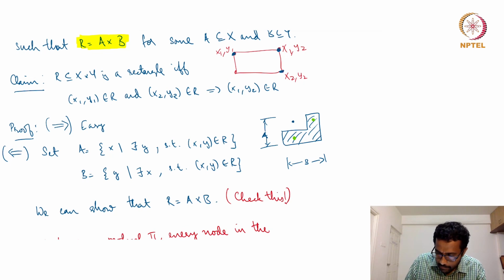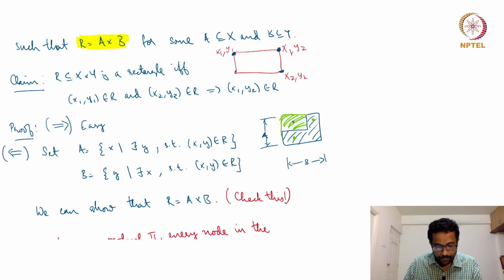Now, because these green points are in the rectangle, and since we have the property that if (x1, y1) and (x2, y2) are in R, then (x1, y2) is in R, this blue point also must be in R. Like that we can fill this entire range as well. So that means R also will be a rectangle.